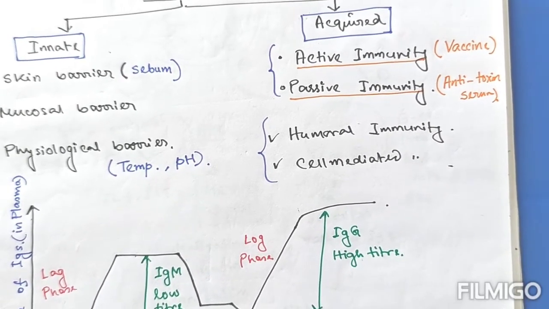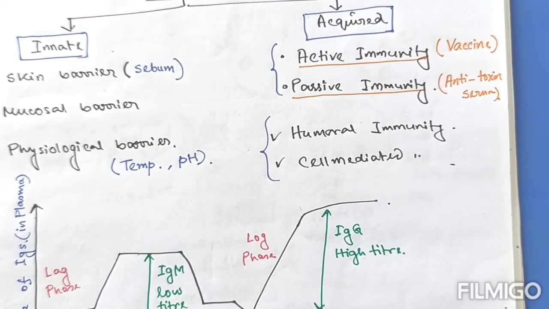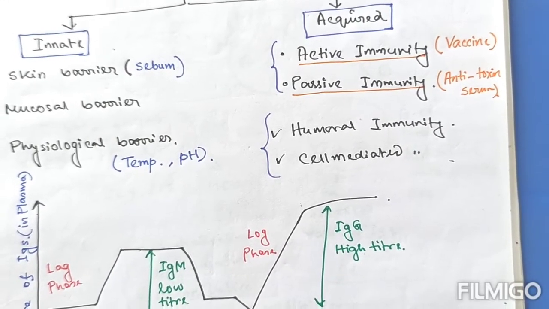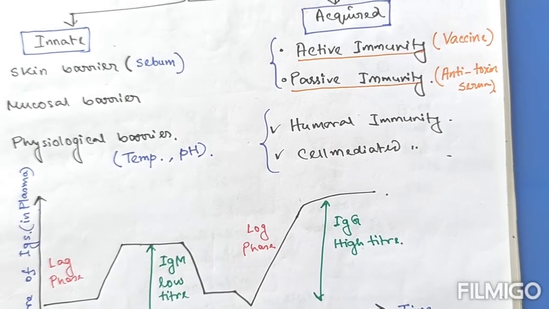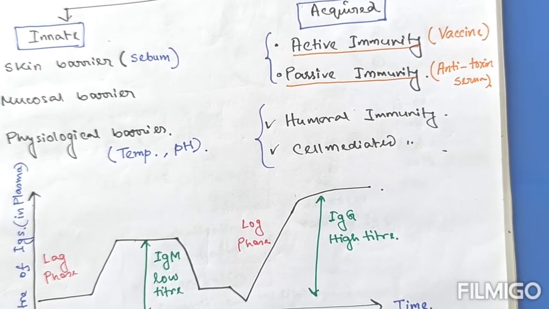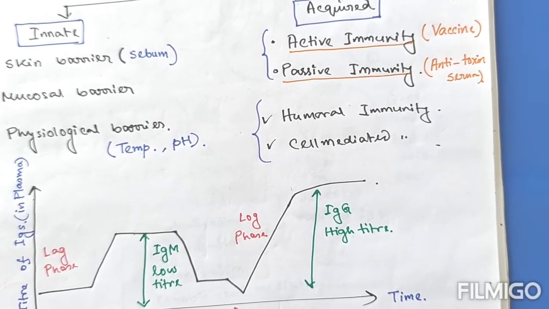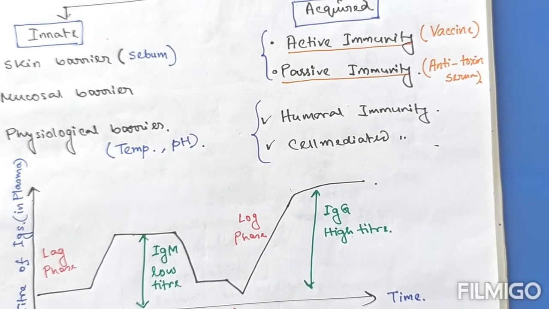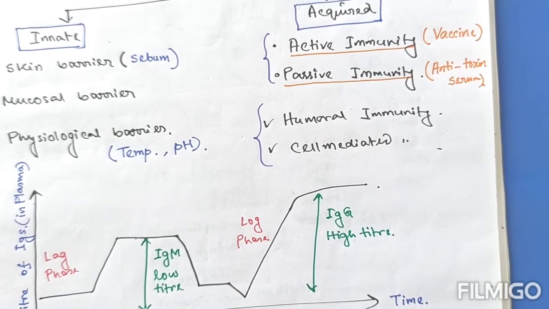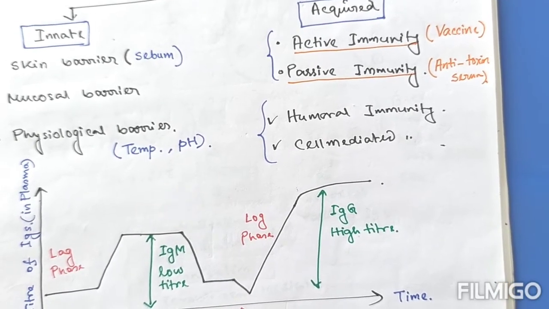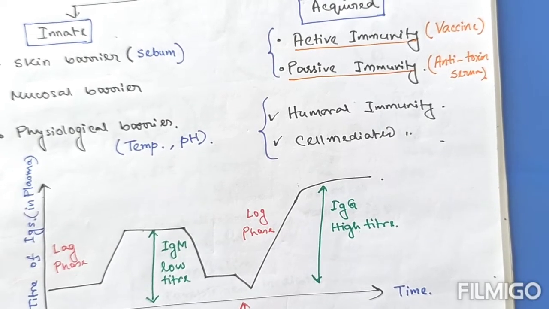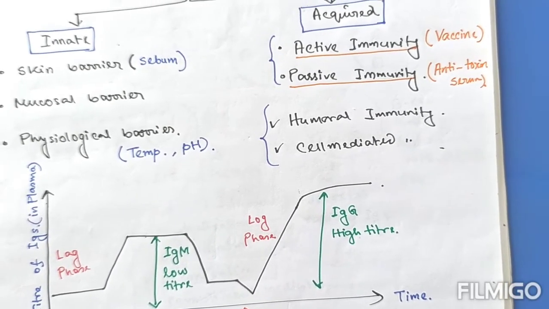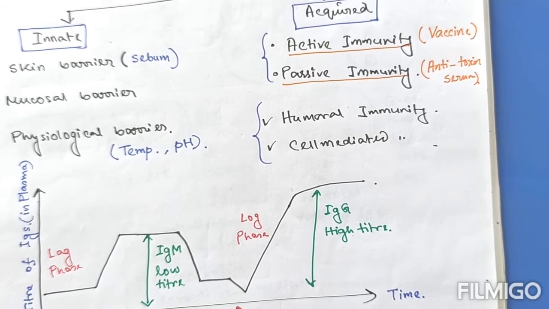Active immunity means where the immune cells are directly activated to fight against extracellular organisms or intracellular organisms. And passive immunity is where directly the weapons of the immune system are provided in various ways. They can be naturally given or artificially given.